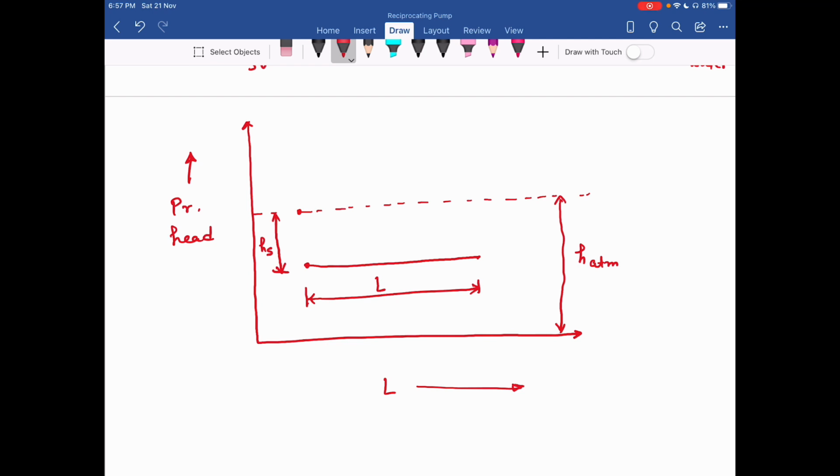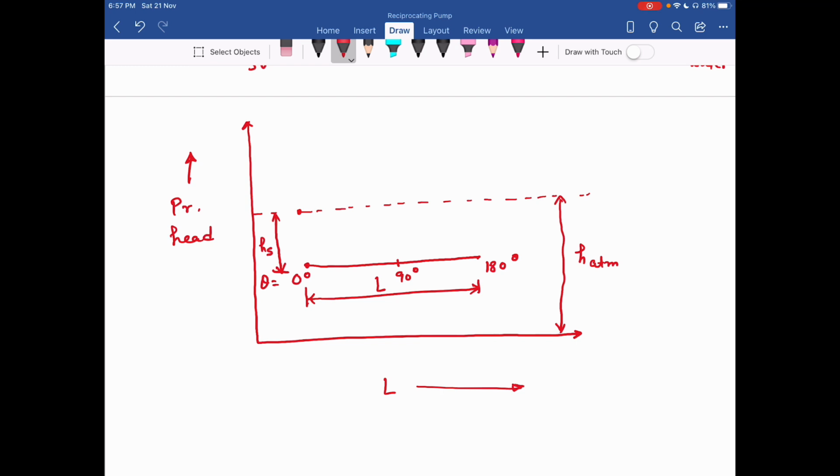My crank rotation is from 0 degree to 180 degree. So at the mid, my theta is 90 degree. At 180 degree position of the crank, my delivery valve opens.